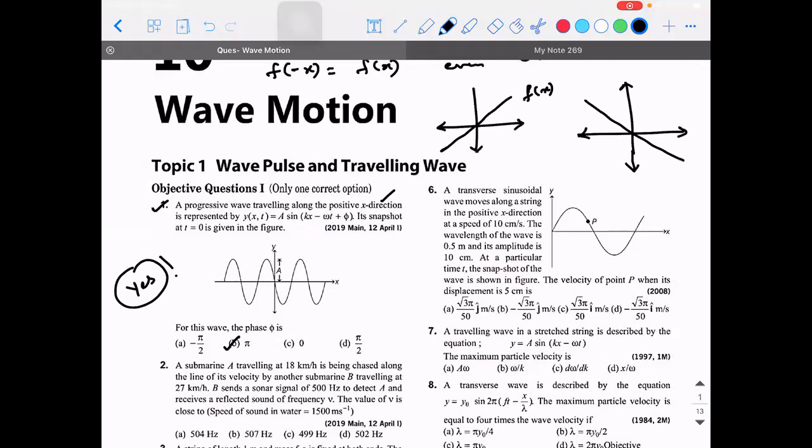What I'm trying to say is, generally an odd function will be symmetric with respect to the first and the third quadrant. The negative of the odd function will be symmetric with respect to the second and the fourth quadrant. Am I clear? Or you want me to explain it? Listen.